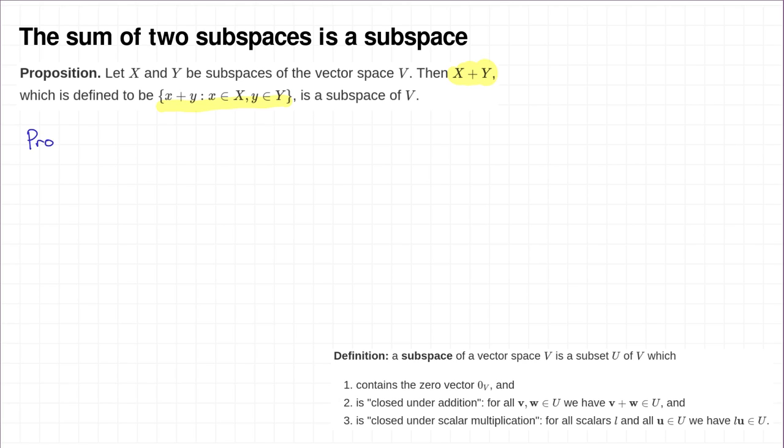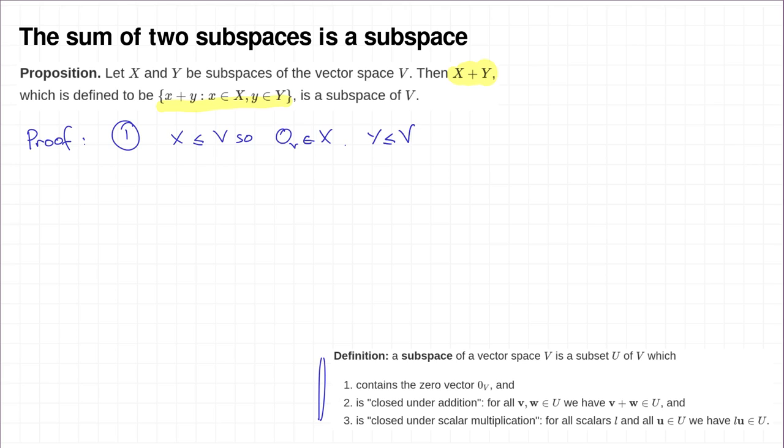So again, what we have to do to check that is to check the three conditions for being a subspace, which again I have copied at the bottom of here. So let's take, first of all, we have to show that X plus Y contains the zero vector. Well, X is a subspace of V, so it must contain the zero vector.